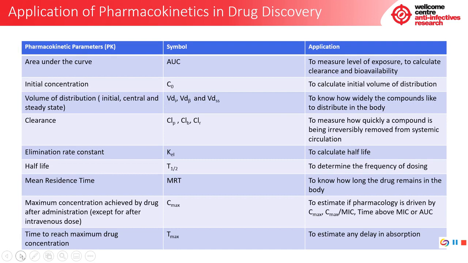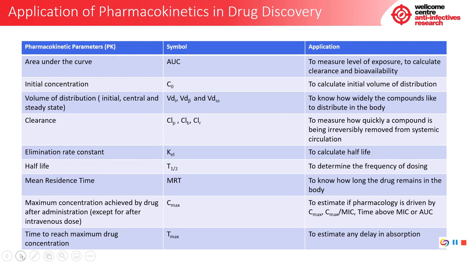Application of pharmacokinetics in drug discovery. This table serves to showcase what each PK parameter stands for and how they are applied in making PK decisions in the drug discovery setting. The area under the curve, AUC, exists to measure the level of exposure and to calculate clearance and bioavailability.